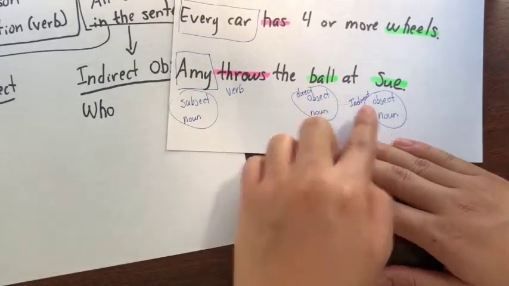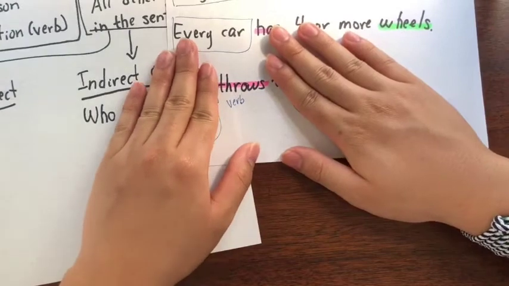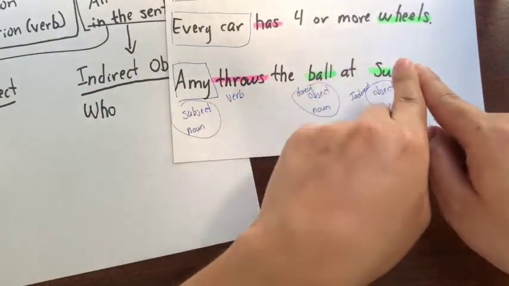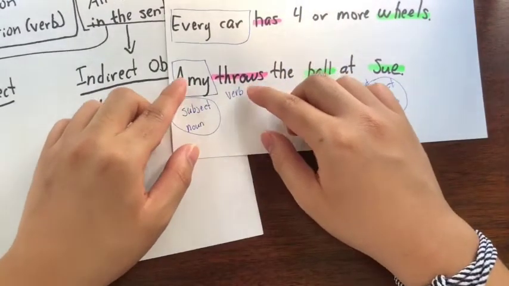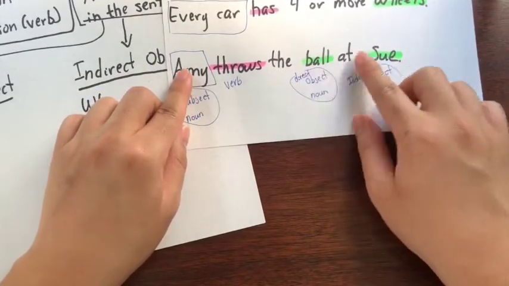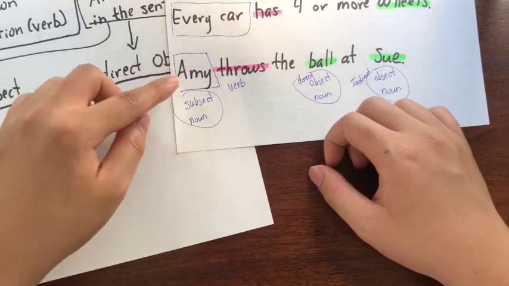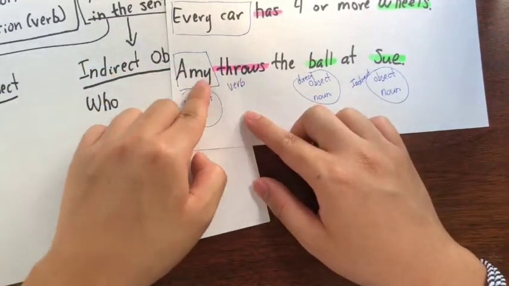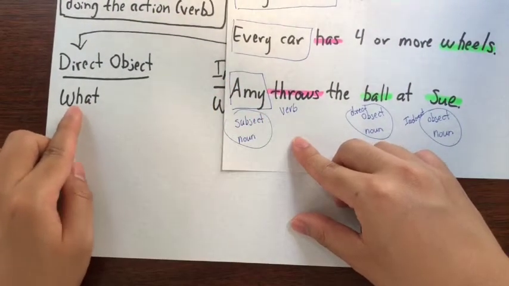Amy throws the ball at Sue. The verb is throws. The nouns are Amy, the ball, and Sue. So, of these three nouns, which noun goes with the word throws? Amy. So Amy is the subject. Amy throws. Okay, Amy throws.